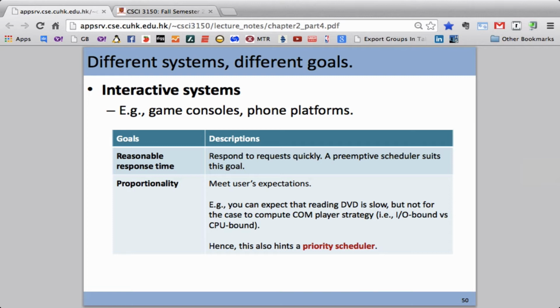I love this example. This example is perfect. PlayStation. When you play PlayStation, when it enters the stage that it will try to load something, and it's expected to be a long time, what will you see on the screen? Loading, right? Basically, you are under the control of that screen.